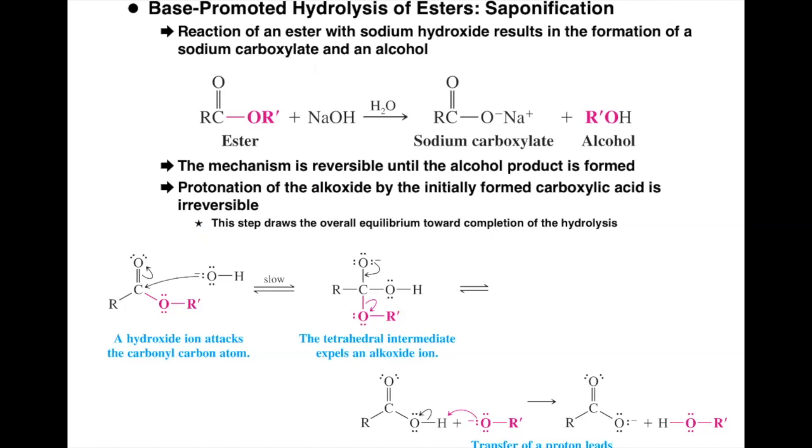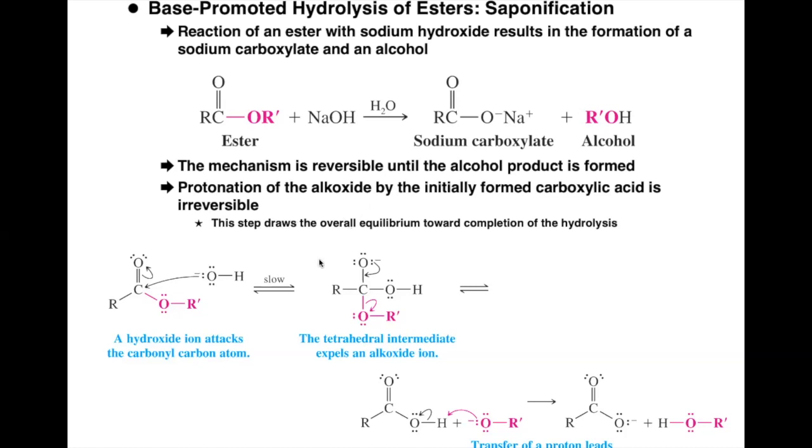Okay, now base hydrolysis of esters is also known as saponification. So this is a reaction between your ester together with sodium hydroxide or potassium hydroxide. Okay, so you form your sodium carboxylate plus the alcohol. Okay. So the mechanism is reversible until the alcohol product is formed.